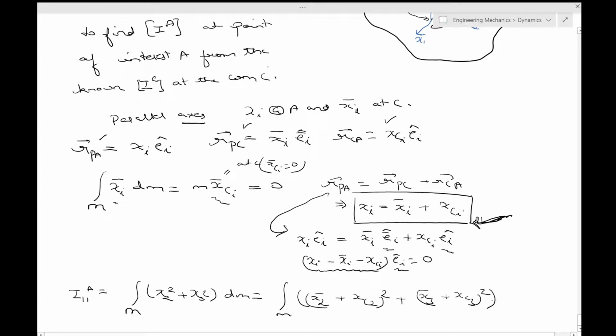So let me write it as a square bracket. We have just put i equal to 2 and 3 respectively in this one.